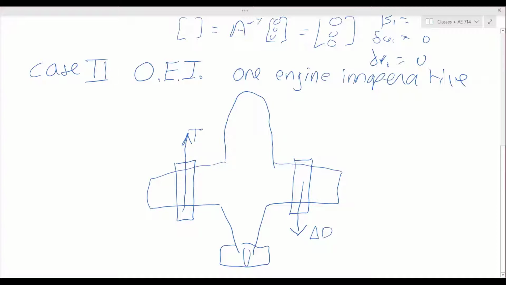So I think it's pretty clear that we're going to get a yawing moment due to the thrust, NT1. And the book writes this in several different ways. He will combine the two effects together and call it NT1.